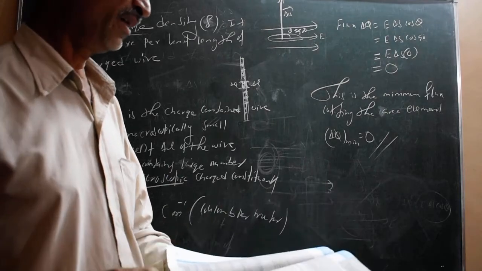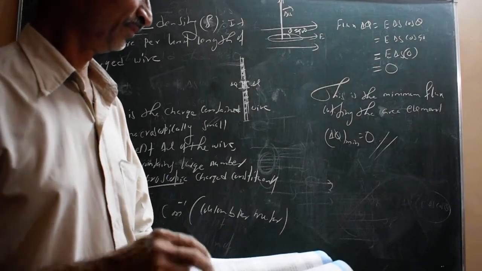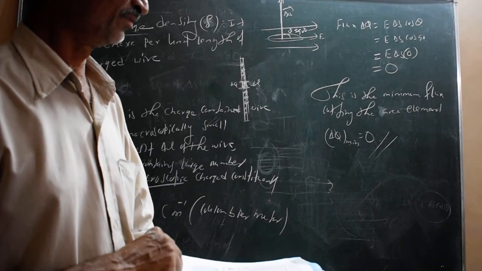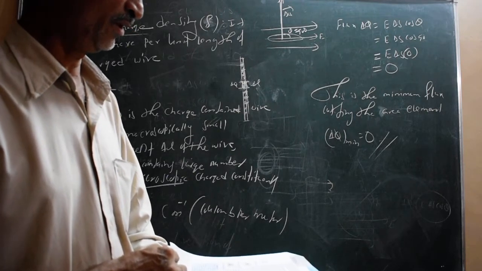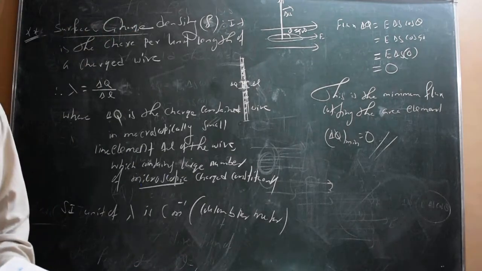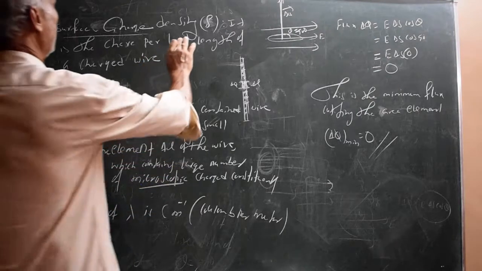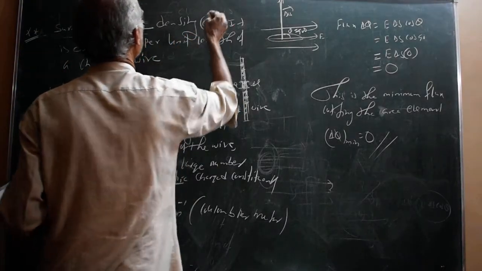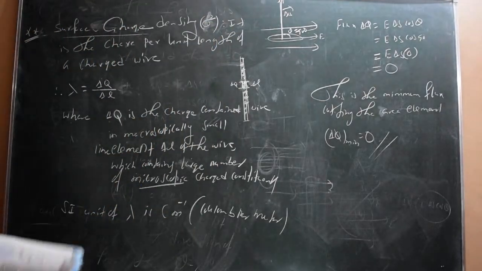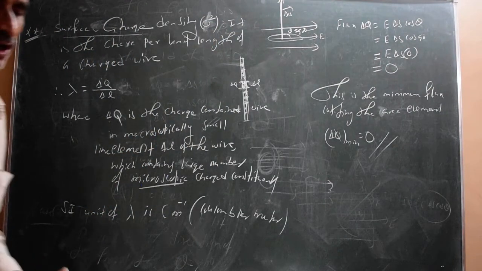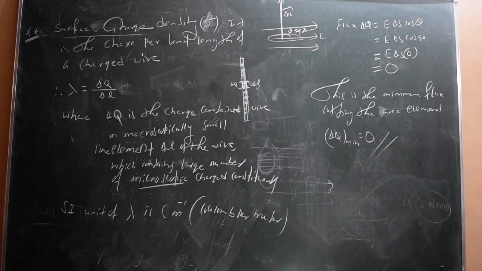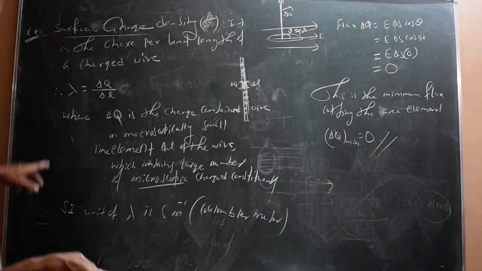Linear charge density is delta Q upon delta l, lambda, correct? Okay. Here it is sigma. It is not rho, it is sigma. Volume charge density is rho.